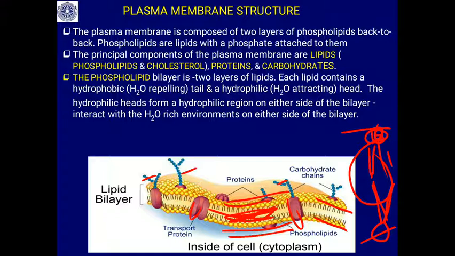One side is attached to the water molecules, it is hydrophilic, and the other side of the same molecule is hydrophobic. So the hydrophilic regions on either side of the bilayer interact with the water rich environment on either side of the bilayer.